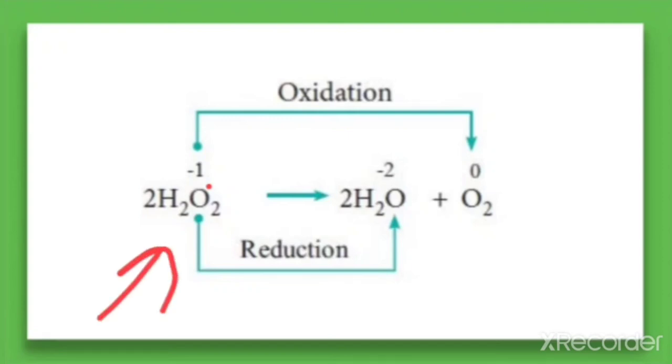As we have already learned in the rules, oxygen usually has a -2 oxidation state, but in peroxides it has a -1 oxidation state. So the oxidation state of O in the peroxide is -1, but in water the oxidation state of O is -2, and the oxidation state of oxygen in the molecular form, in the homonuclear molecule, is 0.